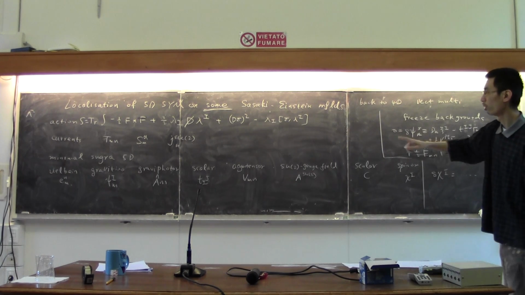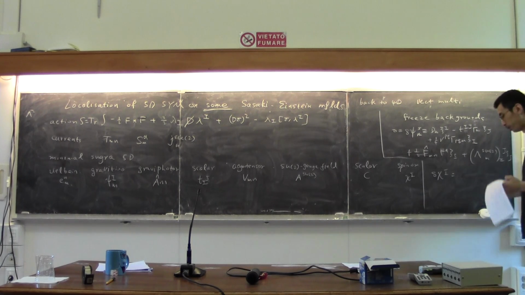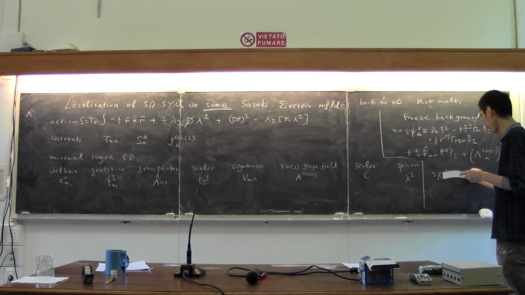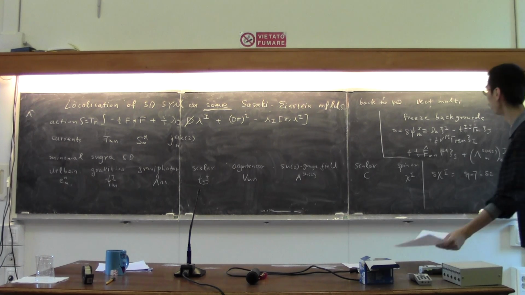Basically, almost all of the background bosonic fields will feature in the right-hand side of this variation. And the reason I didn't write this down is because I'm not going to consider the most general background, just a very special case. And if you wonder what this should be, this is from Druka's paper. So just check this out in that paper.